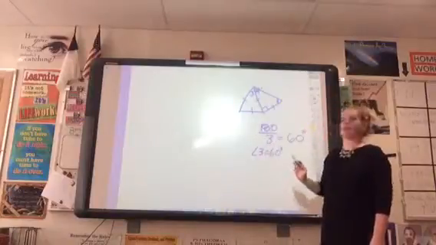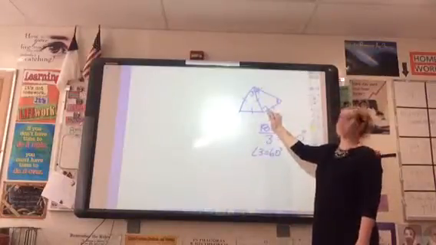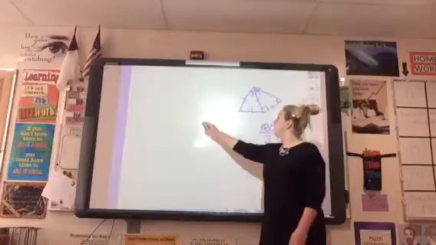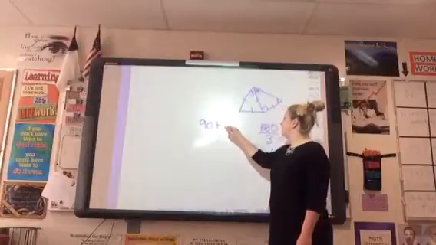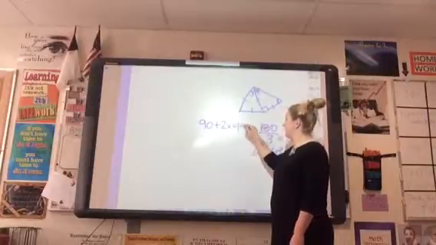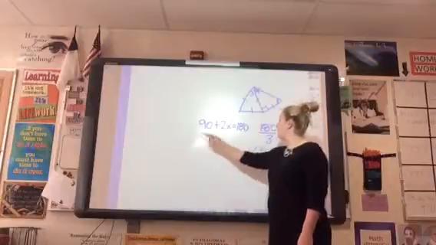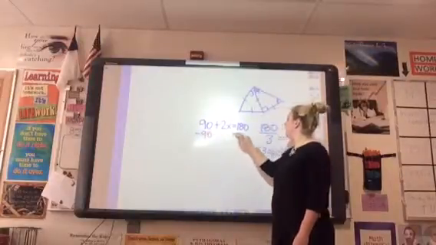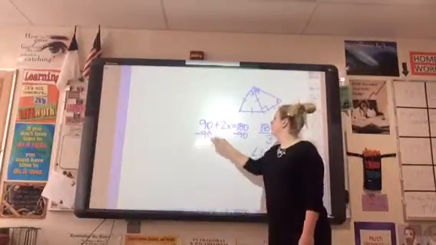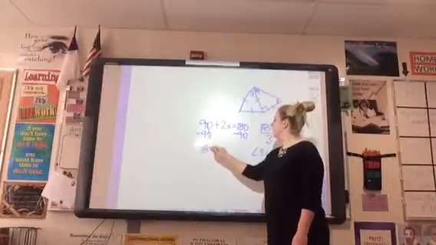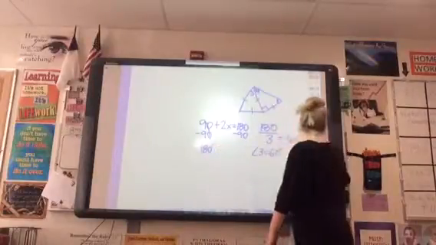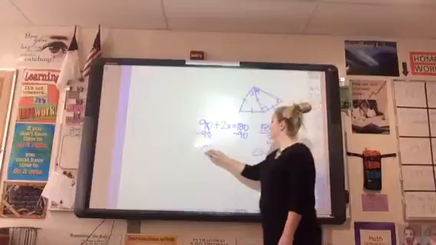Now if that's equal to that, and we know this is 90, we could do 2x equals 180. I think you could probably do it in your head, but this would be how you would figure it out. So you just split 180 minus 90. Oops, 180 minus 90 is 90.